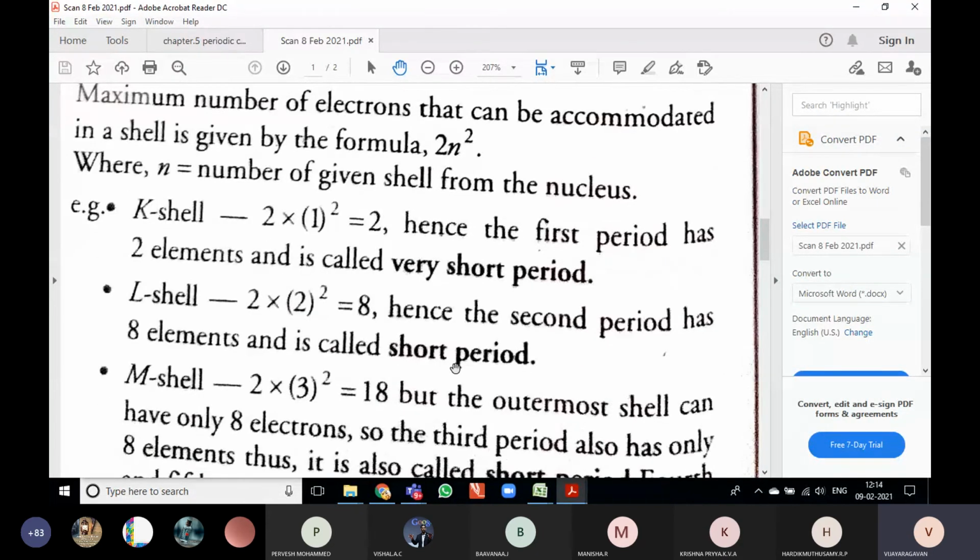Go on. For the M shell, 2n squared gives 18, but the outermost shell can have only 8 electrons. So the third period also has only 8 elements. Thus, it is also a short period. The fourth and fifth periods have 18 elements and are called long periods.